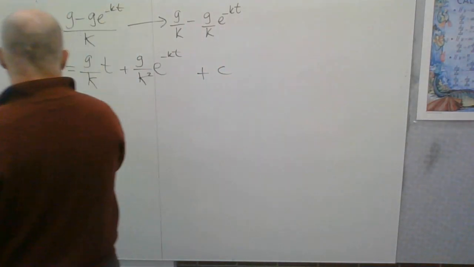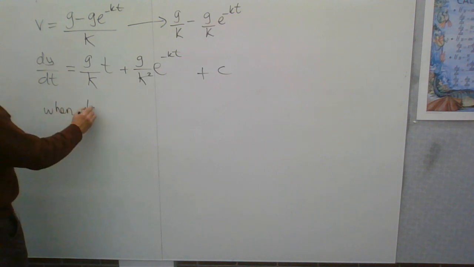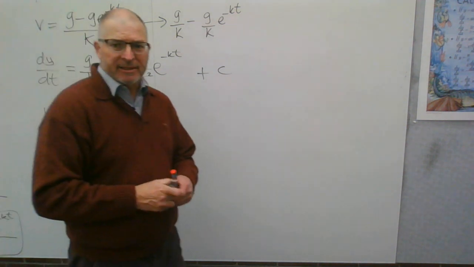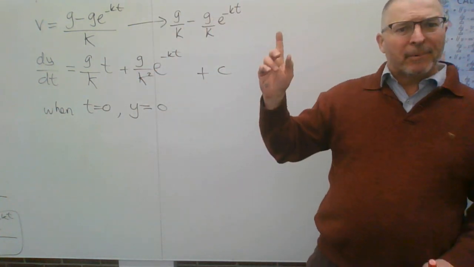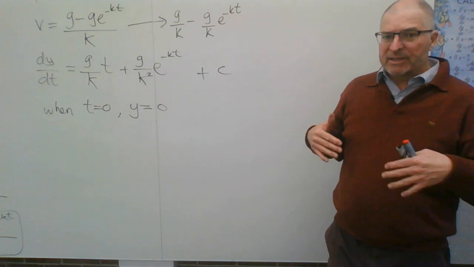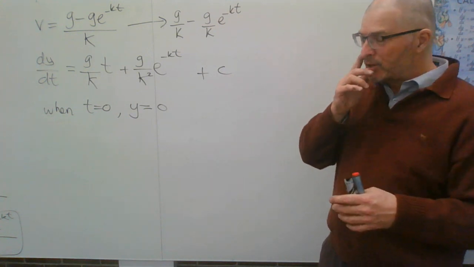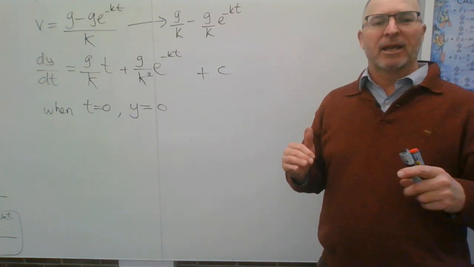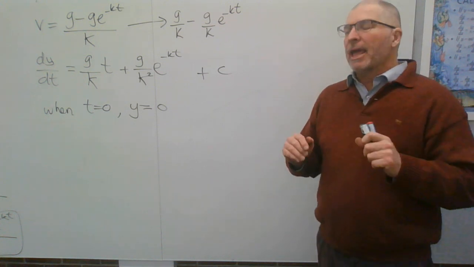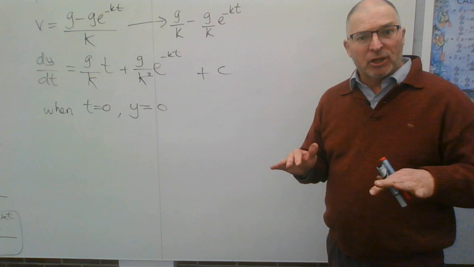Well, when t equals 0, y equals 0. Now, you might say, hang on a minute, it's way up in the air. It started from rest and it's dropping down. How can y be 0? But we said in the previous video that we choose our coordinate system such that the initial position of each stage of a journey is the 0 position.